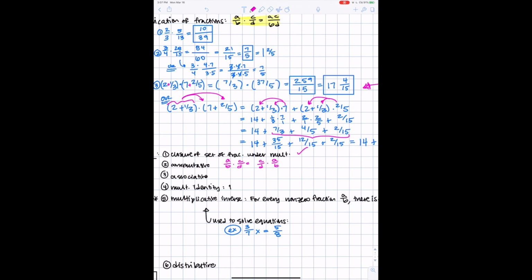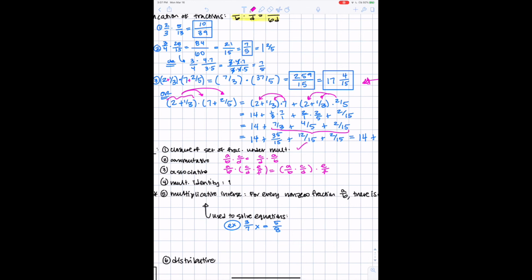It's also associative. So this tells me that I can group things in any particular order, and that's fine. So this is telling me kind of about where the parentheses are placed if I'm only talking about multiplication. And there is also a multiplicative identity, which is just 1.